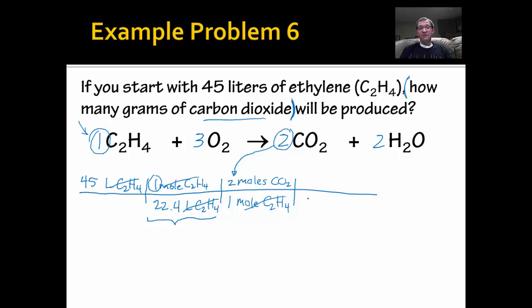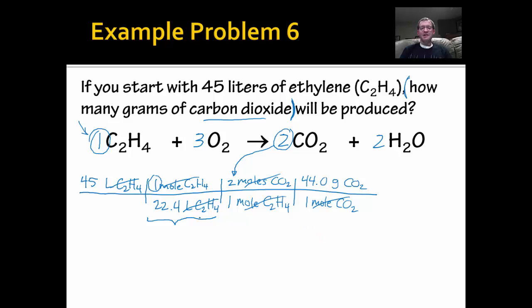And for our mole conversion to grams, we want to say that 1 mole of any substance, including carbon dioxide, has a unique molar mass that when we go to the periodic table we can add up. So to get grams of CO2, you're going to go to your periodic table and add up CO2. And altogether that should be 44 grams or so when you add that all up. All right? So moles of carbon dioxide will cancel.